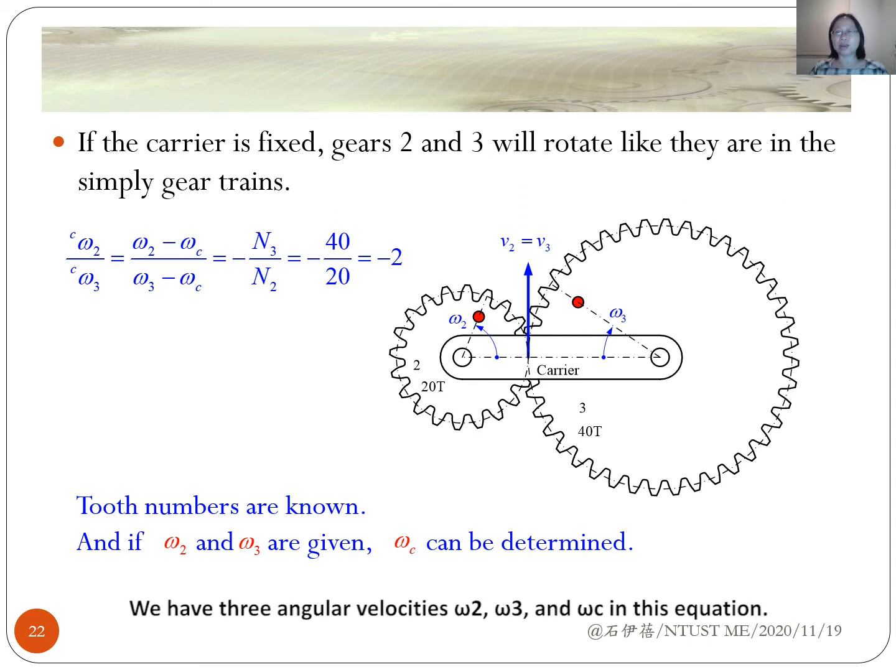We have three angular velocities, omega_2, omega_3, and omega_C, in this equation. If tooth numbers of gears 2 and 3 are known, and two angular velocities are given, we can determine the third angular velocity. Therefore, each stage of the planetary gear train has 2 degrees of freedom.